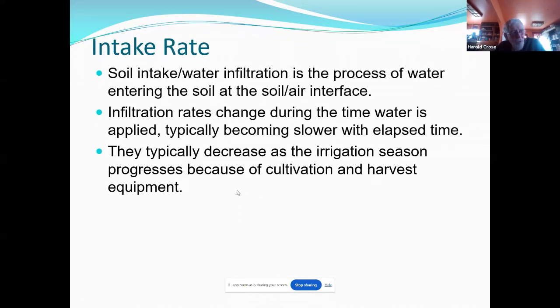Getting back to the Warden silt loam, which has a pretty high percentage of clay, if they're plowing that field, you can actually create a plow pan, an impermeable layer where it compresses that soil at about 8 inches deep. That will be a restriction to the soil's ability to take water in through the entire profile.